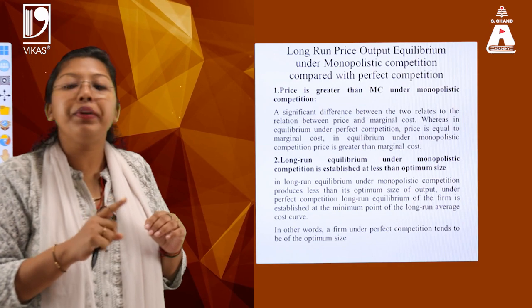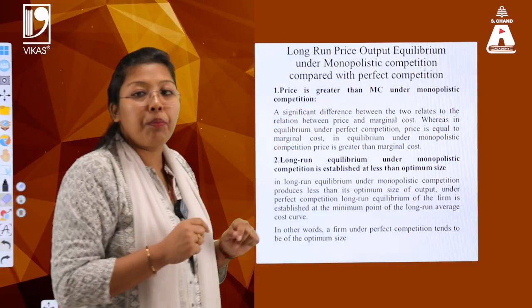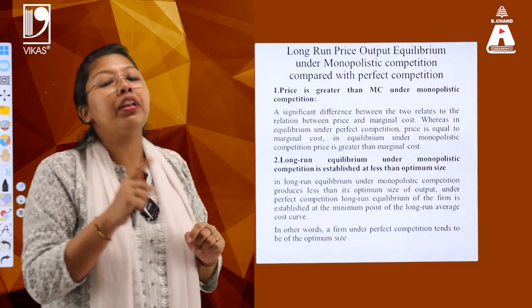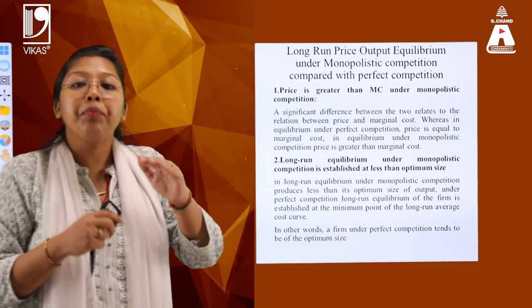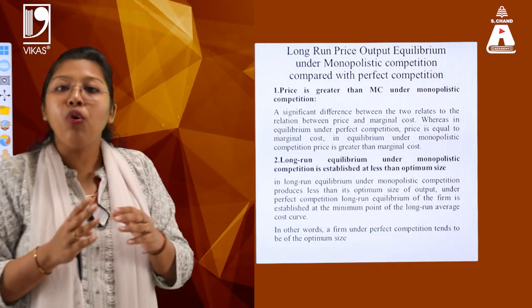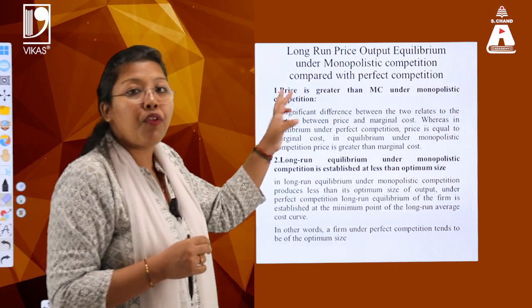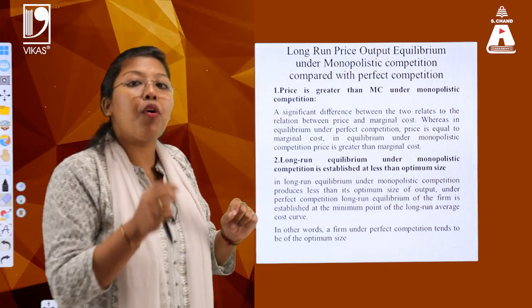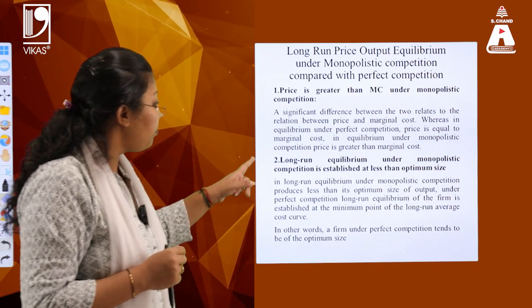And that should not be the case in monopolistic competition, but that might happen in perfect competition, because in perfect competition the adjustments are possible. So how this price is performing and the cost is performing, that needs to be checked.